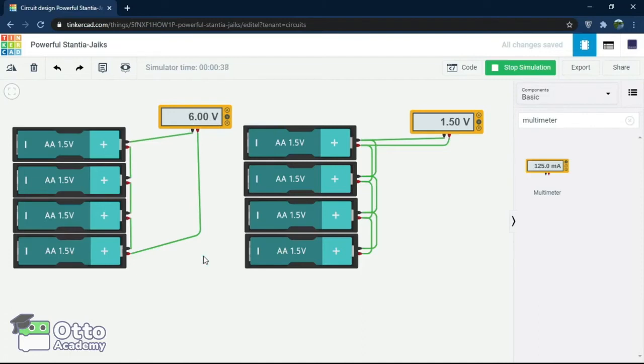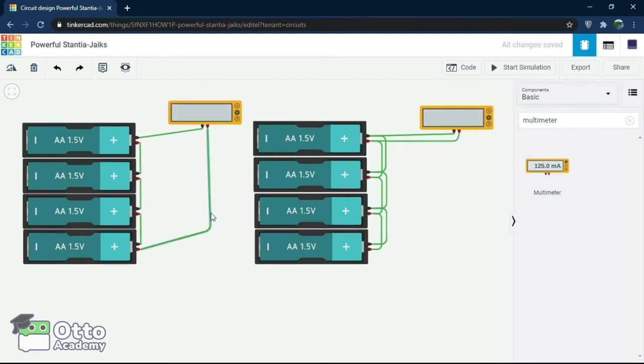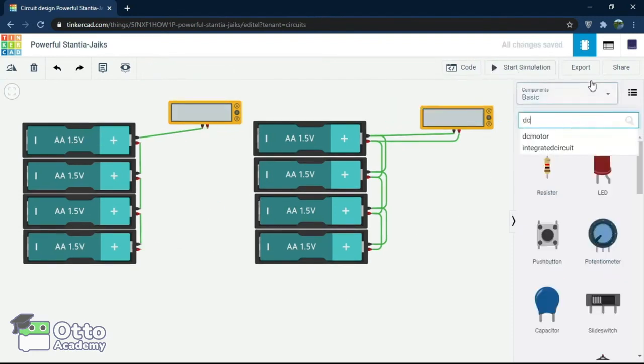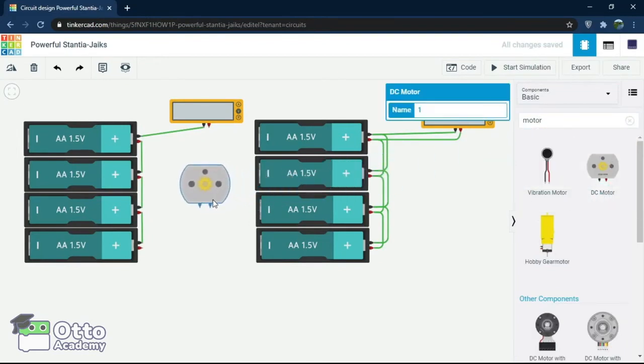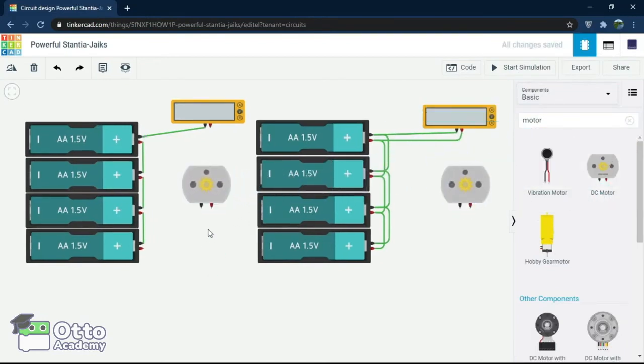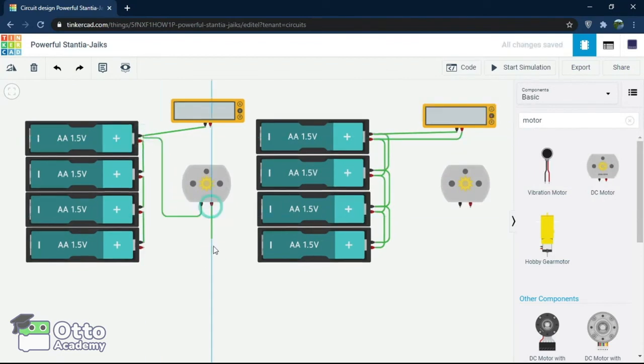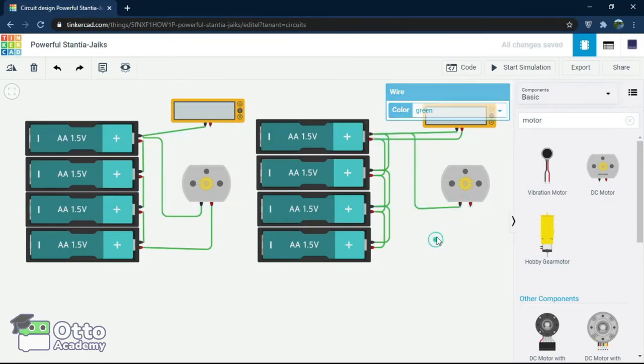We will search and drag a DC motor onto the pallet. Let's make a copy of the motor so we can connect it to both rows of batteries. Let's connect it and start the simulation.